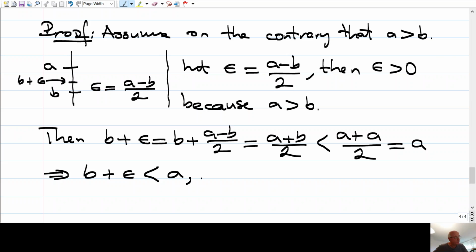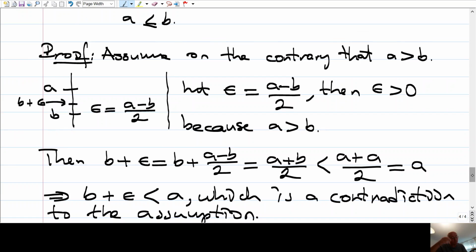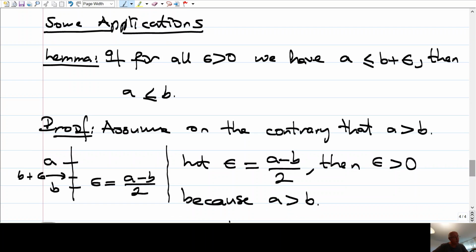But this is a contradiction to the assumption. Right? What was the assumption of the lemma? The assumption was this. For all positive epsilons, A is less than or equal to B plus epsilon.